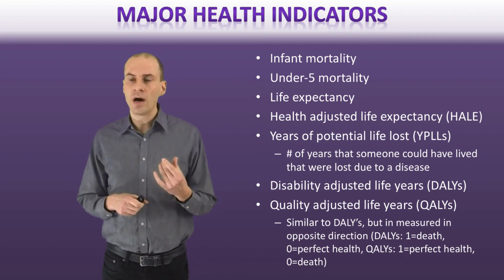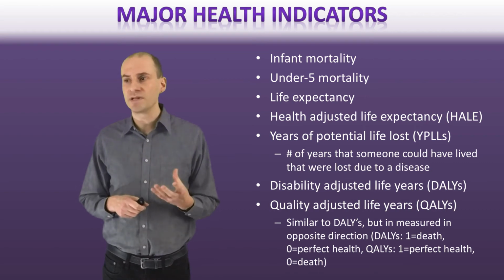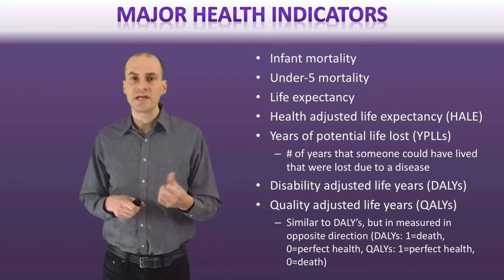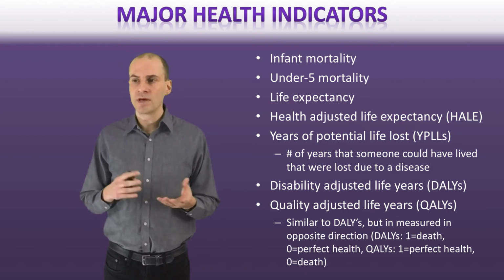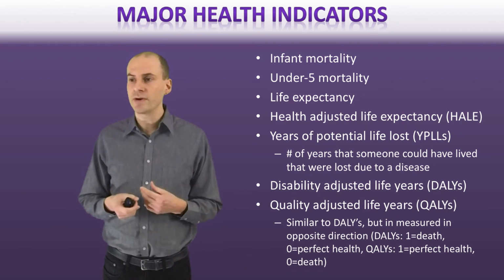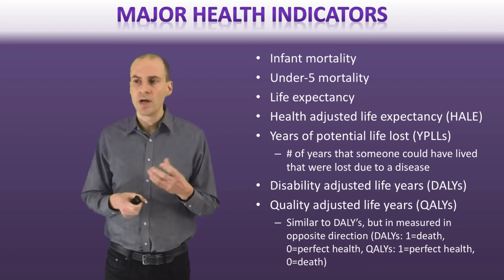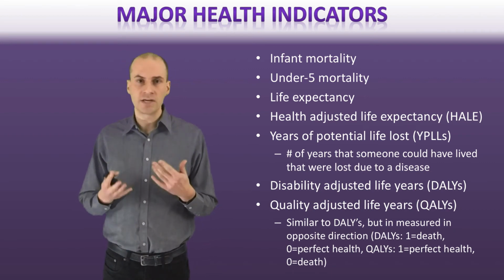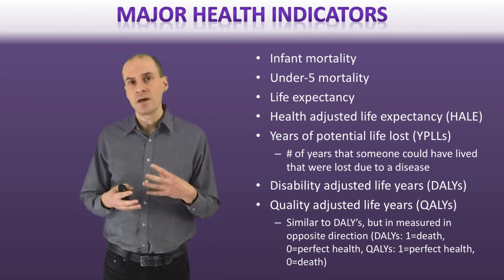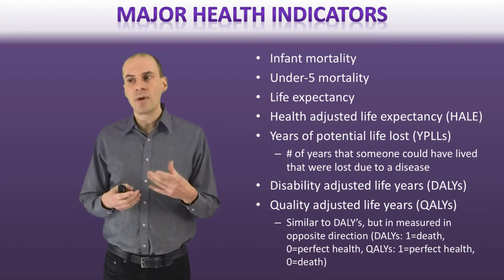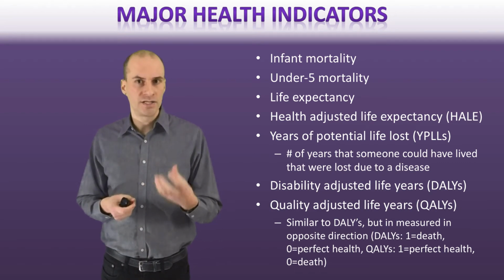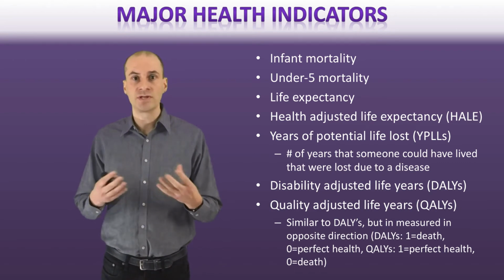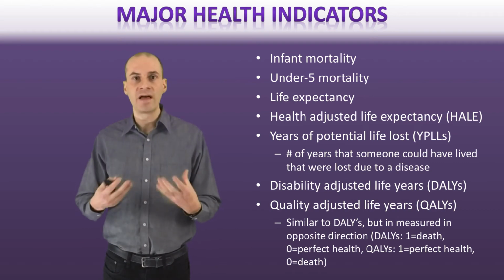You also can do a measure which is called the disability adjusted life years or quality adjusted life years. These are equivalent type terms. They're really similar to one another. So DALYs and QALYs are both measuring how much of an impact disease has in terms of disability on the quality of life of that year.